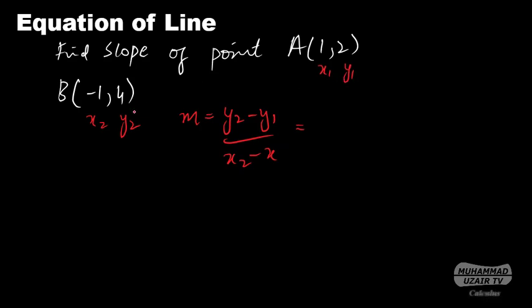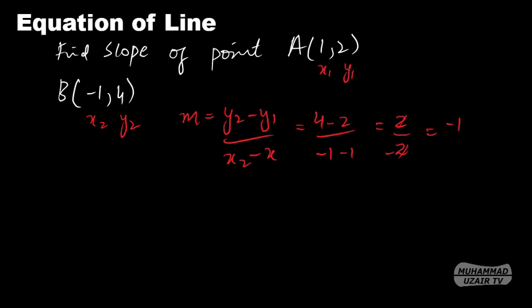So this is y2, so 4 minus 2 whole divided by x2, this is minus 1, and this is 1, so minus 1 minus 1. You will get 4 minus 2 is 2, minus 1 minus 1 is minus 2. So this will cancel out with this, which will be equal to minus 1. So the slope is minus 1.